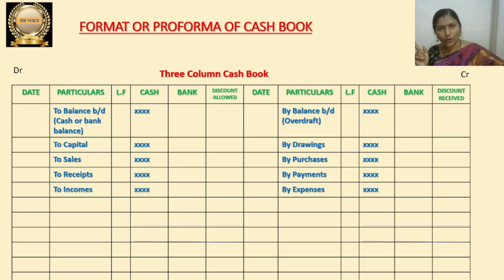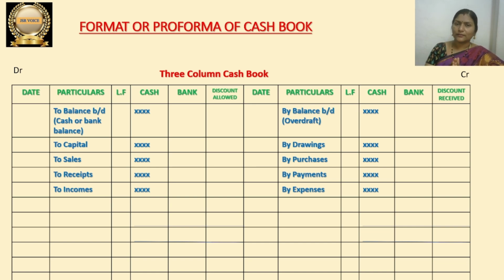If cash goes out of the business, record on the credit side. We have to follow that principle compulsorily while preparing this cash book. So sales we record on debit side because cash is coming. Purchases we record on credit side because cash is going out. Hope this is clear. Next one.